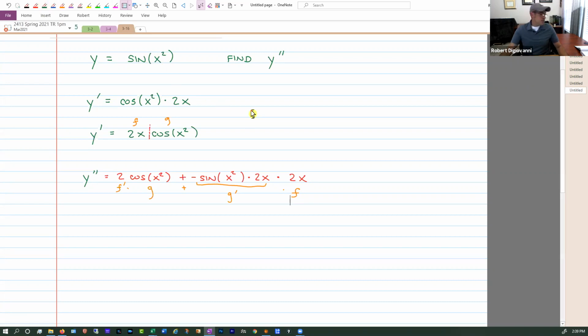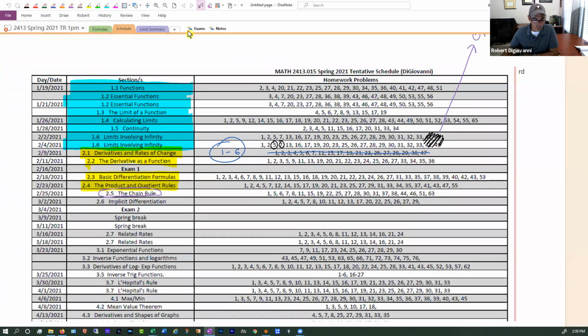All right. So your homework assignment for this is chain rule, 2.5 in the book. It's actually page 120. It's all these problems. And I expect that you will do at least through the last problem, number 46.